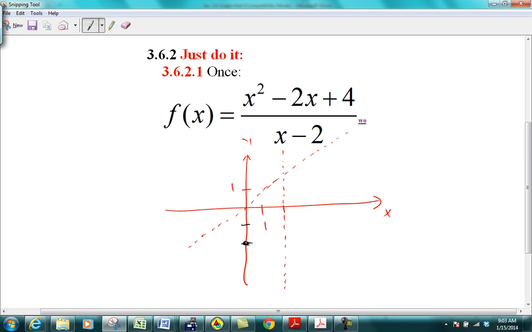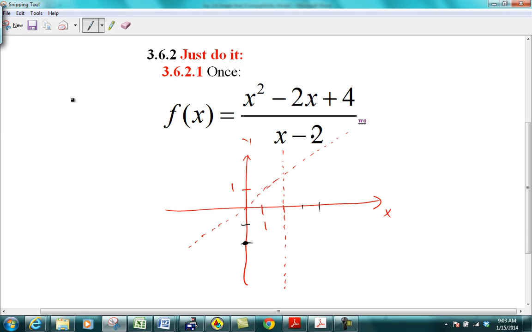I know there are no x-intercepts. I also know that I have a min at 4, 6, so that's 2, 3, 4, 4, 6. It's somewhere out here. So there's my min. What else do I know? I got my y-intercept. There are no x-intercepts.